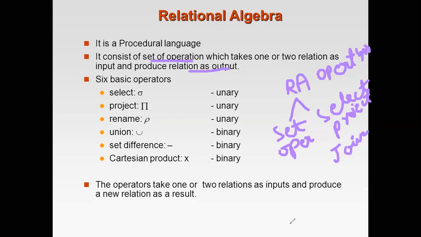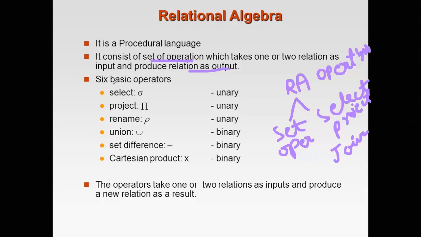So we have relational algebra operations in two groups. One is set operations based on the concept of set theory. Another group is operations developed specifically for relational algebra, like select, project, join. And we have some other operations like aggregate functions, which we will see in detail in the coming slides.